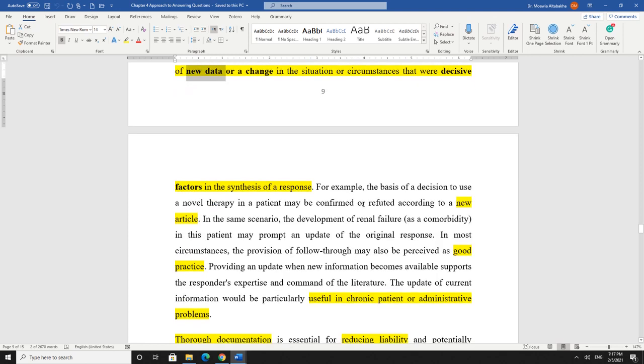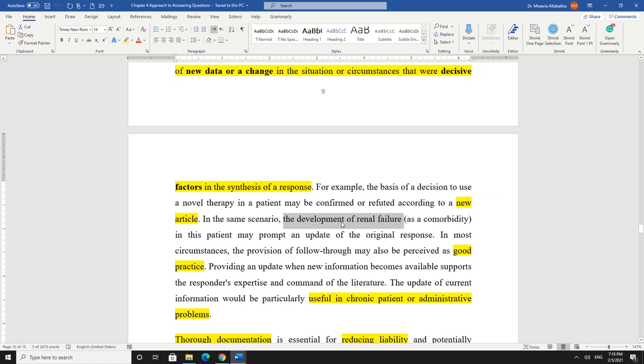Okay, for example, you recommended a therapy, novel therapy, new therapy to a patient, but there is a new article that appears saying that there is the development of renal failure.